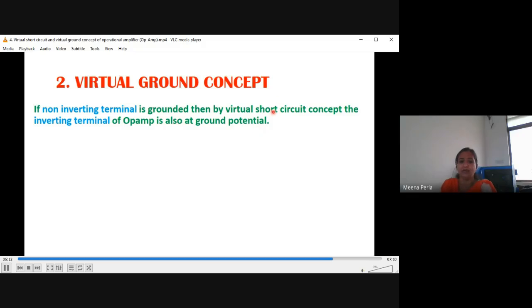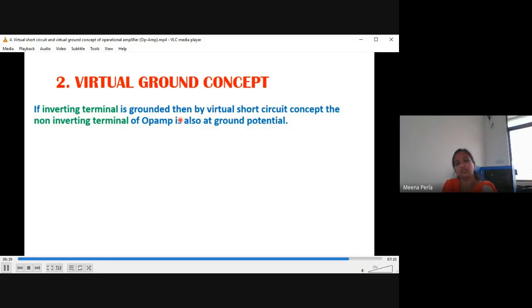As stated, both the terminals of the operational amplifier are at the same potential. So if one terminal is grounded, the other terminal will also be grounded virtually. Not actually, but virtually. Similarly, if the inverting terminal is grounded, then by the virtual short circuit concept, the non-inverting terminal of the op-amp is also at ground potential.